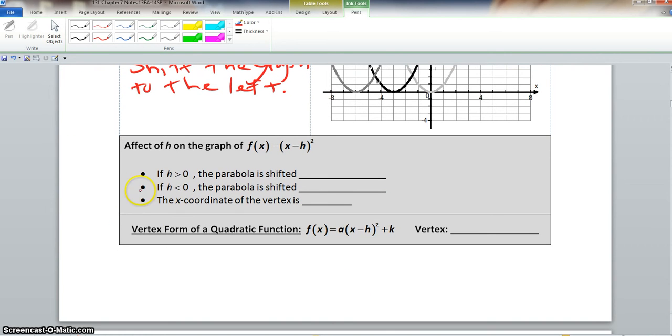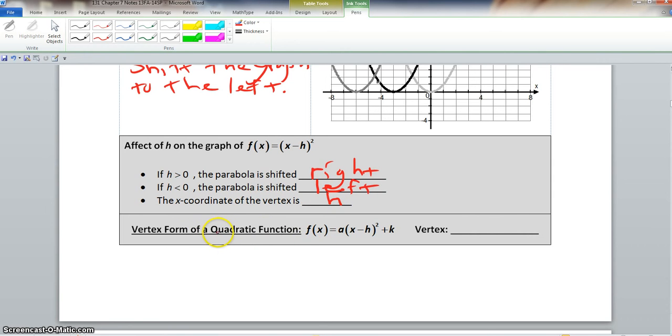Now it says here, if h is greater than 0, the parabola is shifted right. If h is less than 0, the parabola is shifted left. The x-coordinate of the vertex is h.